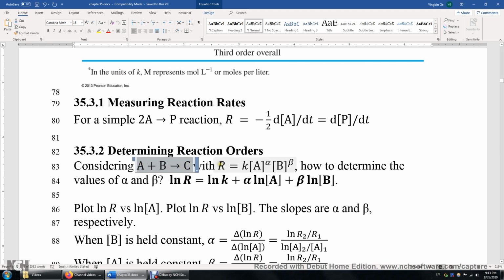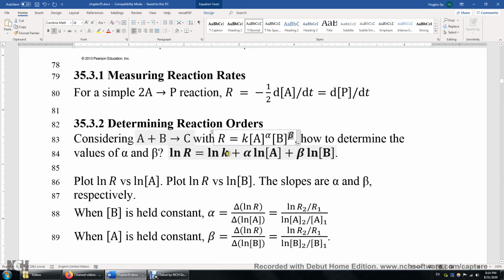And then we can write out this equation, really general. The reaction rate is equal to K times A to the power of alpha times B to the power of beta. And then let's just determine the value of alpha and beta. How do we do this? Well, we first take the logarithm of r and the logarithm of the right-hand side.